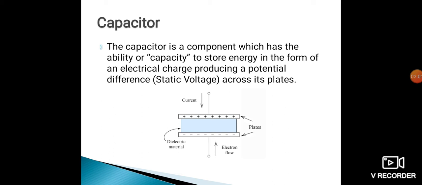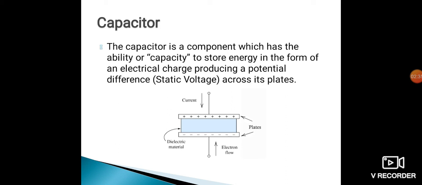In this insulating material, current cannot flow from one place to another. So these two plates are separated using the dielectric material, and the capacitor has a capacity to store energy in the form of electrical charge across its plates, which results in a potential difference across the two plates. So this is the definition or the concept of a capacitor.